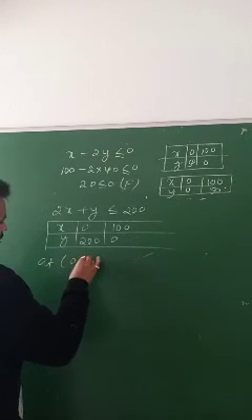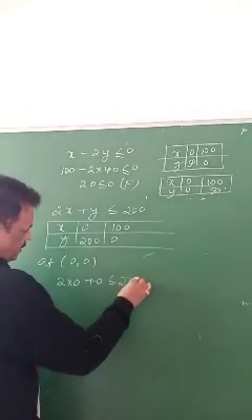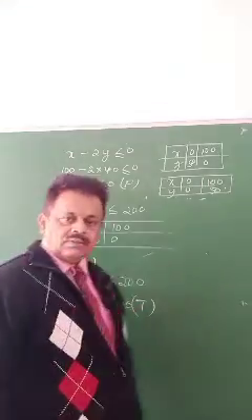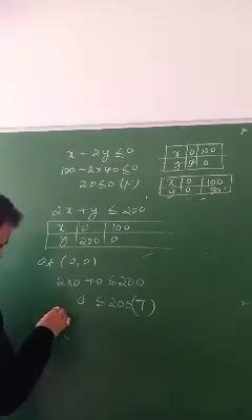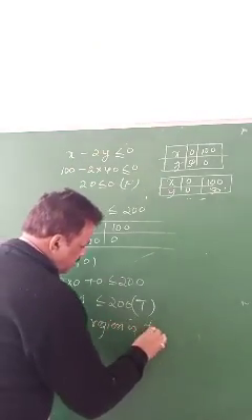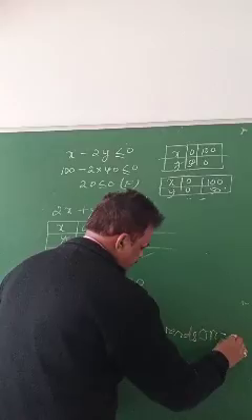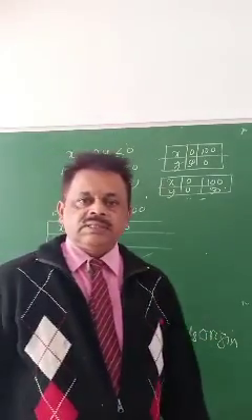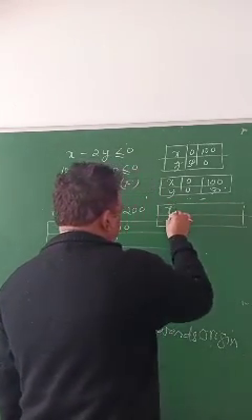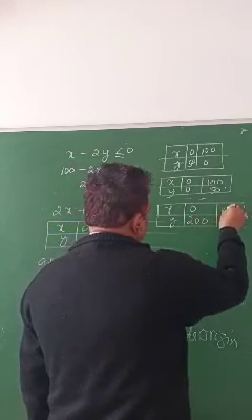Means 0, 0. 2 into 0 plus 0 less than 200. 0 is less than 200, that became true. So the region is towards origin. Towards origin. Third table I have copied here. This is x, y. This is 0, 200, 100, 0.